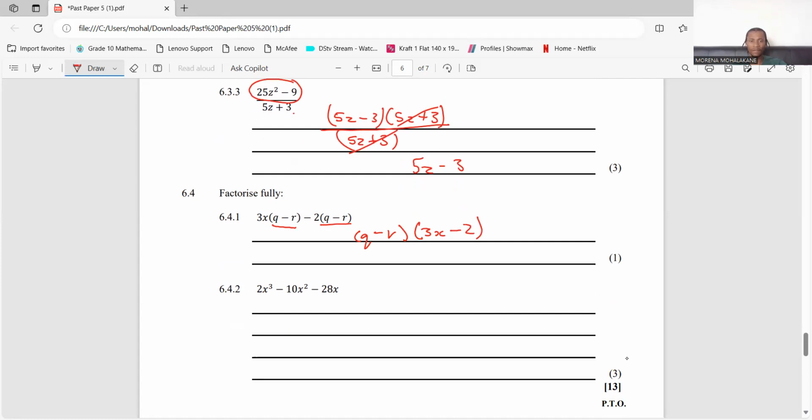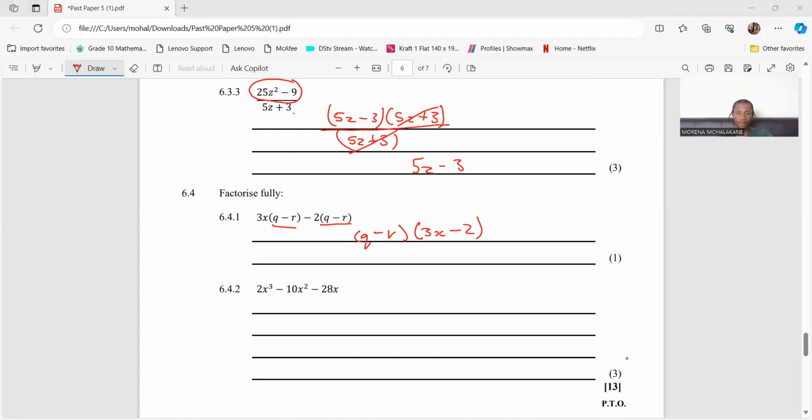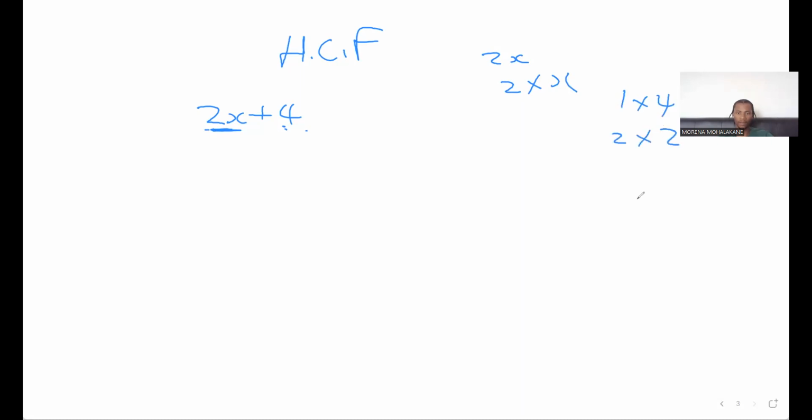If you're still confused with factorization, these are the things you must remember with taking out the highest common factor. So if I have 2x plus 4, the highest common factor here: the factors of 2x are 2 times x. The factors of 4 are 1 times 4, or 2 times 2, right?